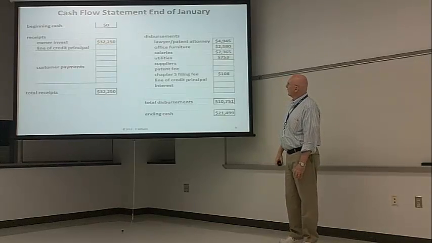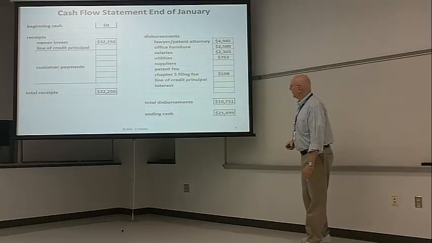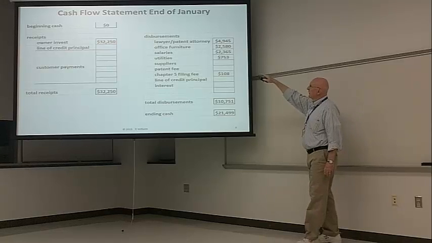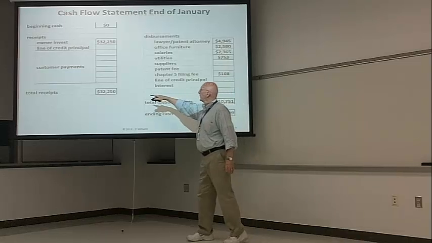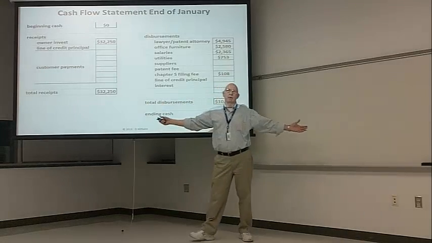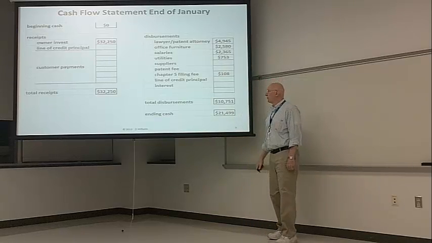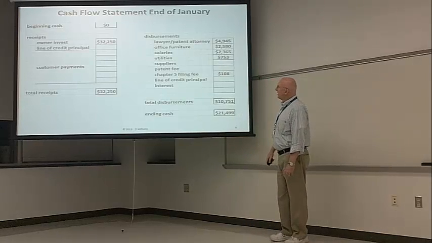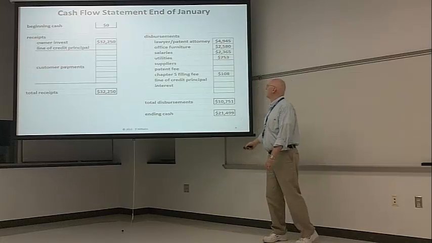And the cash flow statement is going to look something like this at the end of January. Owner investment, total receipts are $32,250 because all we have is the owner investment. Well, it does start at 0, this is a brand new business. We seem to have a lot of disbursements and there are startup costs involved.